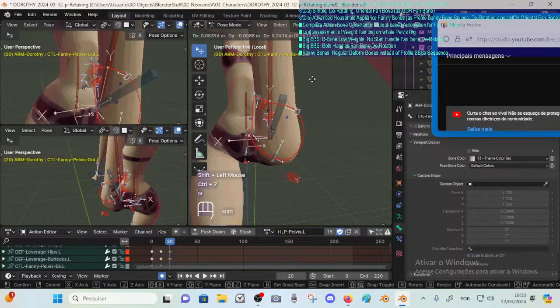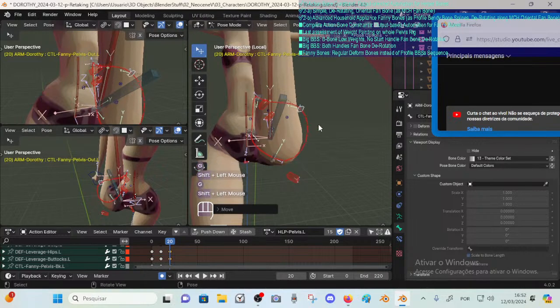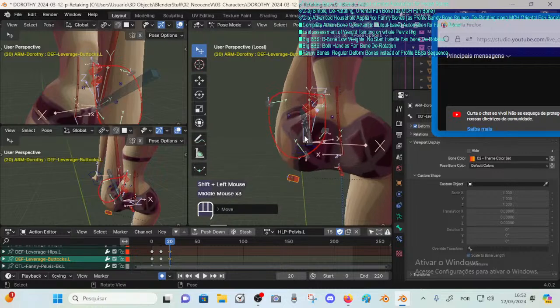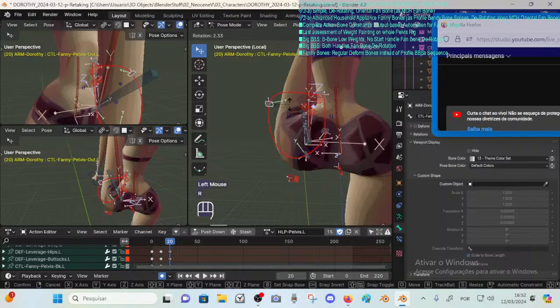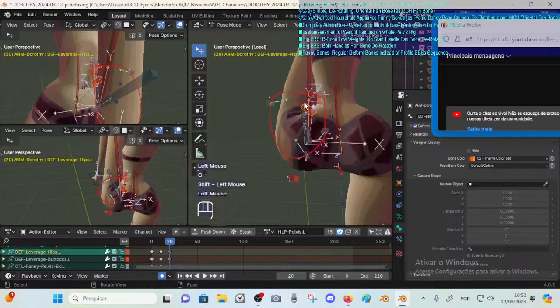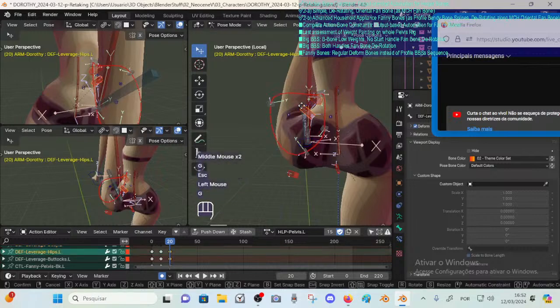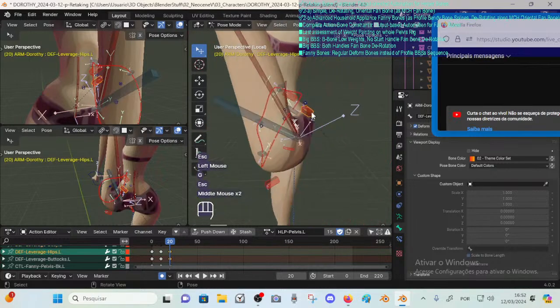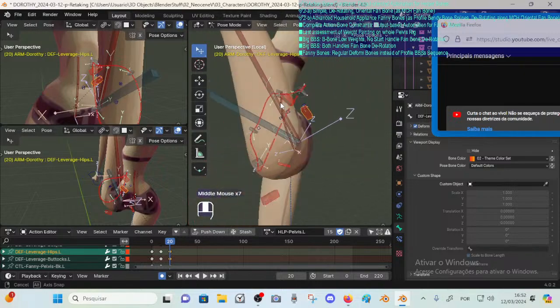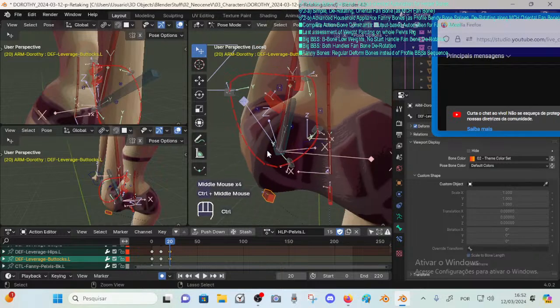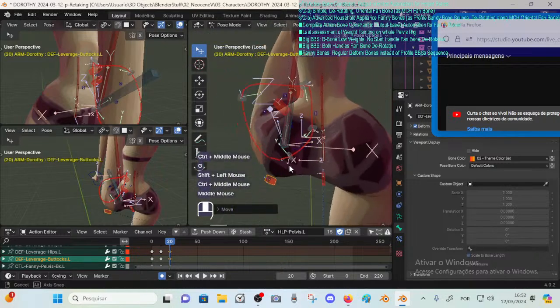Moving this up, and here maybe centralize this a little more. It's hard to look at this and here at the same time. And also let's consider this a very exaggerated pose, right? So it's not happening all the time. If it happens, it will be something.